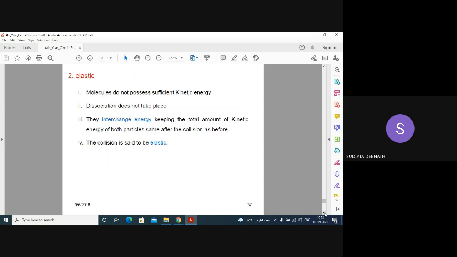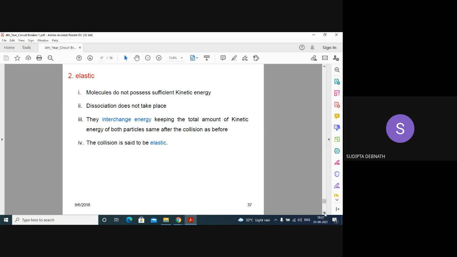Now, what about the elastic collision? The molecules do not possess sufficient kinetic energy. Okay, this is elastic collision. Dissociation of atoms or molecules does not take place. Only some free electrons are liberated. They interchange energy, keeping the total value of kinetic energy of both particles the same after the collision as before.